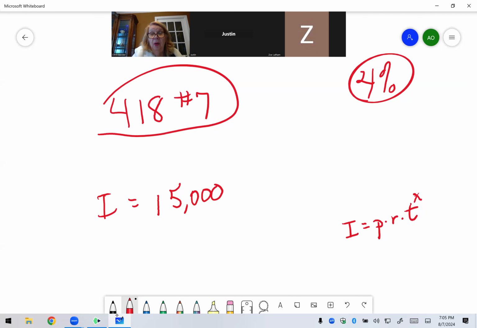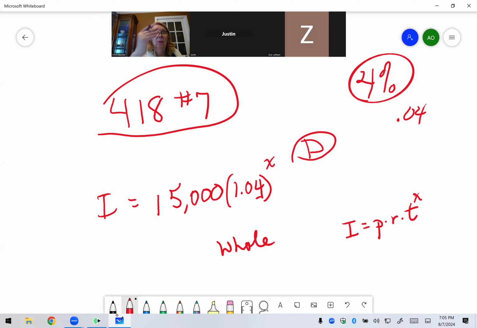But remember, we don't put 0.04, we have to put 1.04 because we want the whole population, not just the increase, which would be 0.04. And so to the time, and so that answer will be D. Are you okay with that, Justin? I am. Oh, good. Zoe Latham? I'm good.